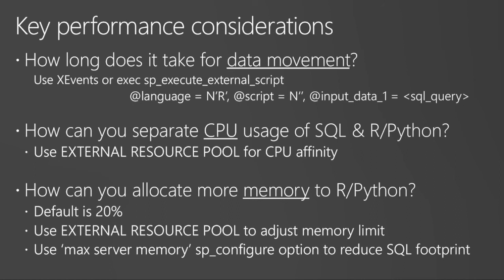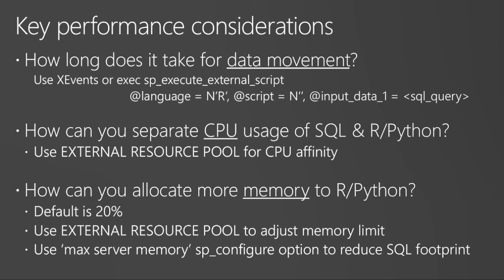And then similarly CPU and memory. This is one of the big pieces of integration with this technology: how you can control both these resources from SQL Server. You can set up your policies, just like how you do Resource Governor today with any SQL workload. So we have this new external resource pool. The report actually showed some of the data from that. You can use it to set CPU affinity.